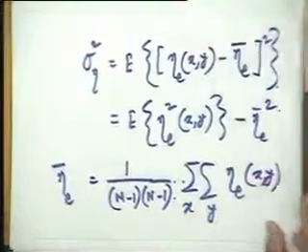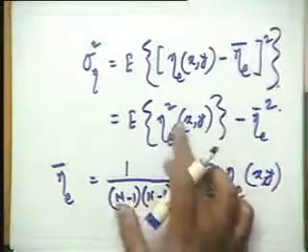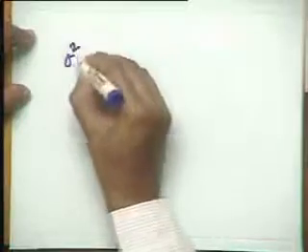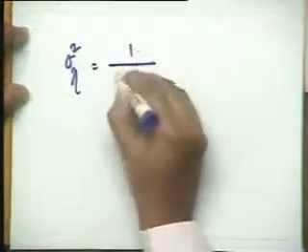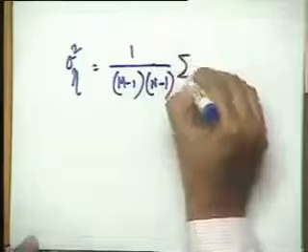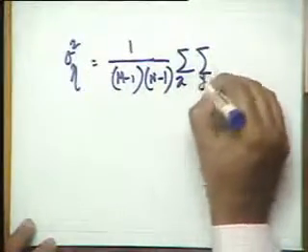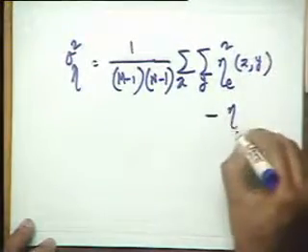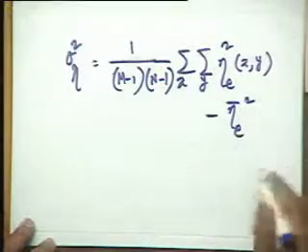Since expectation of eta square e(x,y) can be computed as the mean of all eta squares, that can be substituted for the expectation, and thereby we write sigma square eta equals 1 upon (m minus 1)(n minus 1), summation x summation y eta square e(x,y) minus eta e bar square.